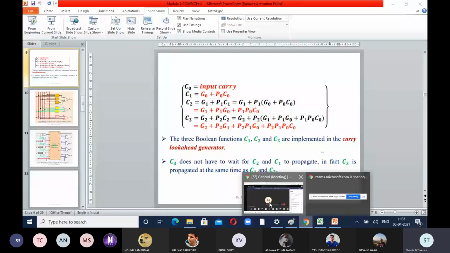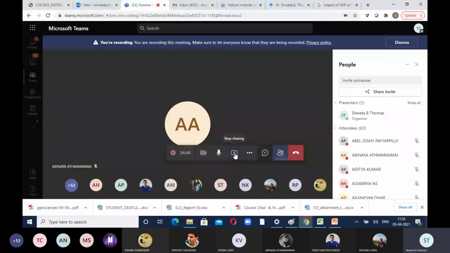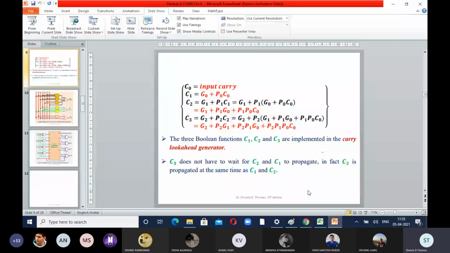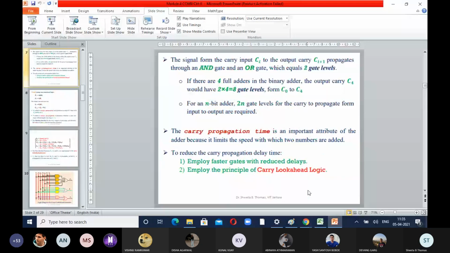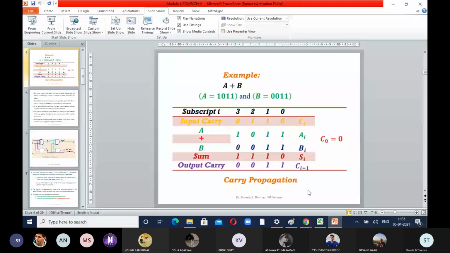Ma'am, can you go to the previous slide where you had that example of A plus B? This one? Yeah, this one. Ma'am, in this, can you explain what Gi, Pi are? Yeah, that's why I'm telling you. Gi, Pi here. See, this is the example. In this way, your parallel adder is working.